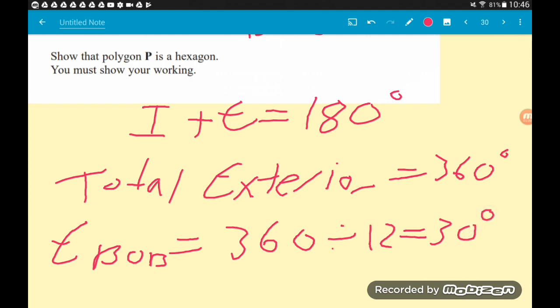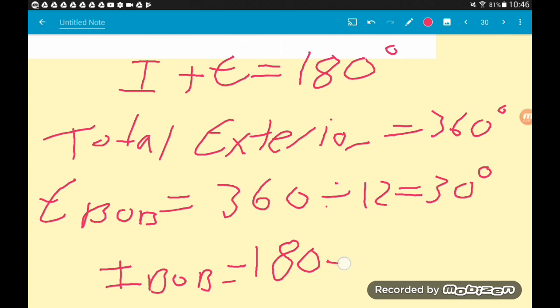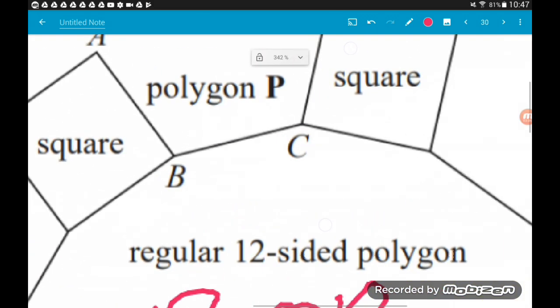So Bob, his exterior angle is 30 degrees. Bob's interior angle then is going to be 180 minus 30 degrees, which is 150 degrees. So, if we go back to the drawing now, see what we can do with that.